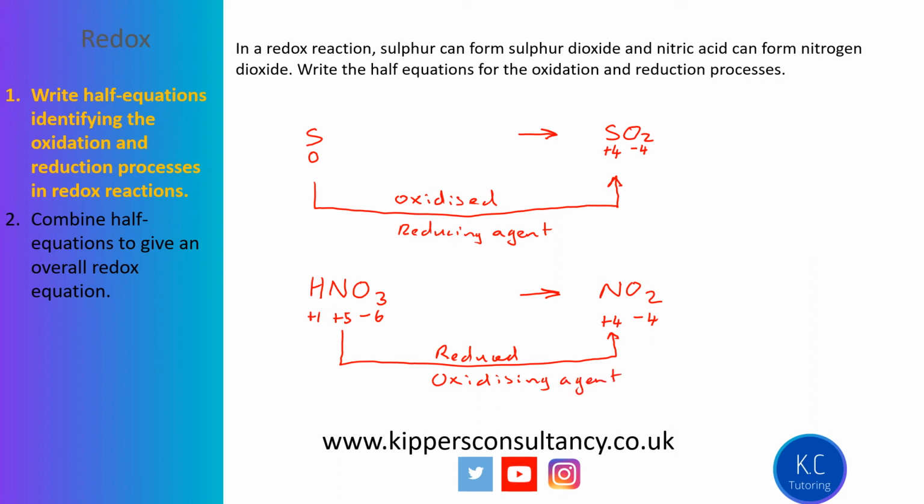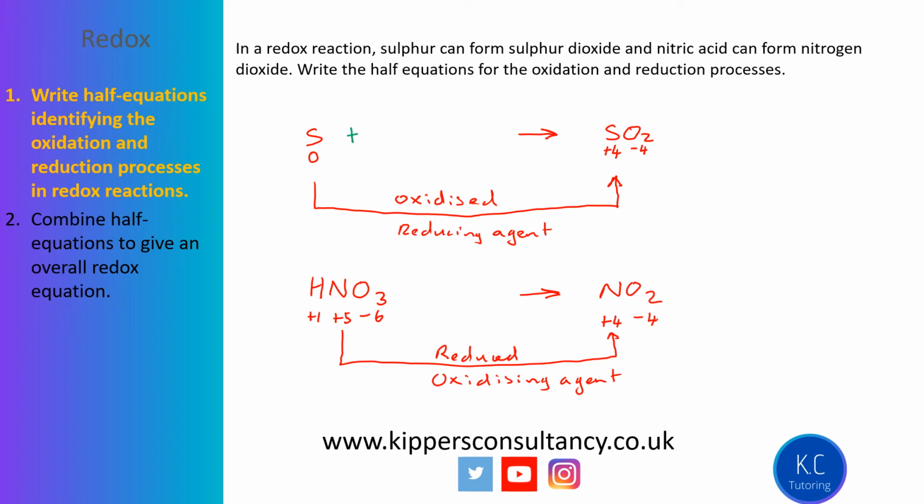What I also want to do is write half equations for each of the processes. So the first thing we will do is write balanced half equations. The first step will be to balance up the sulfurs. So sulfurs are balanced. We have one sulfur on the left-hand side, one sulfur on the right-hand side, so that's okay. The next thing we do is balance the oxygens, and we balance the oxygens by adding water.